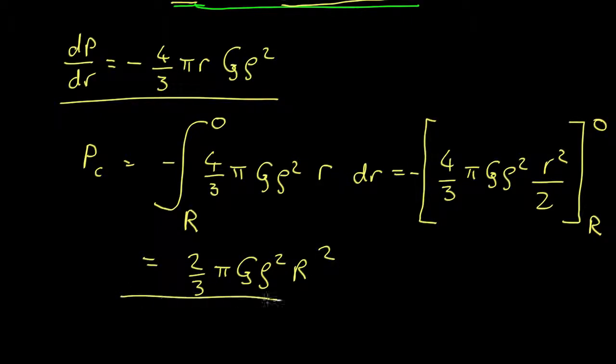So this is our equation for the pressure in the center of a star if that star has uniform density all the way through. Not very realistic, but it'll give us a good enough estimate for our current purposes.